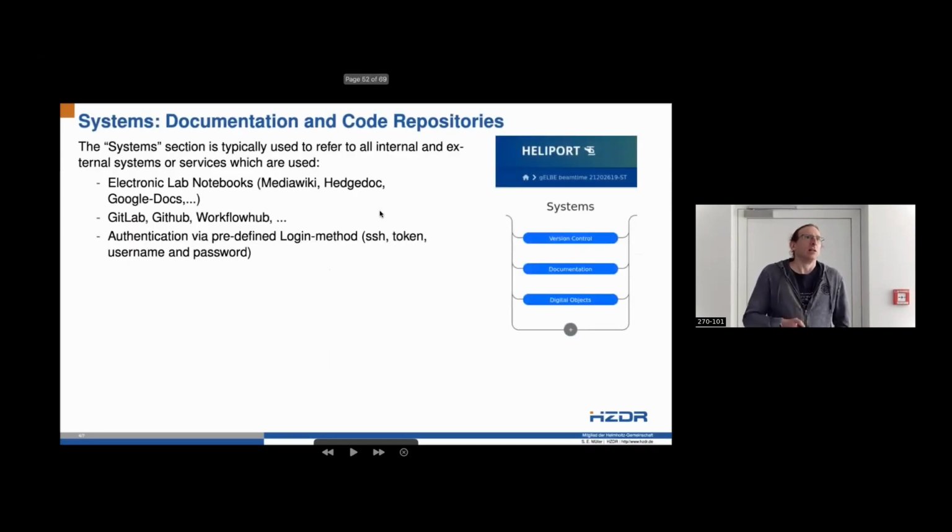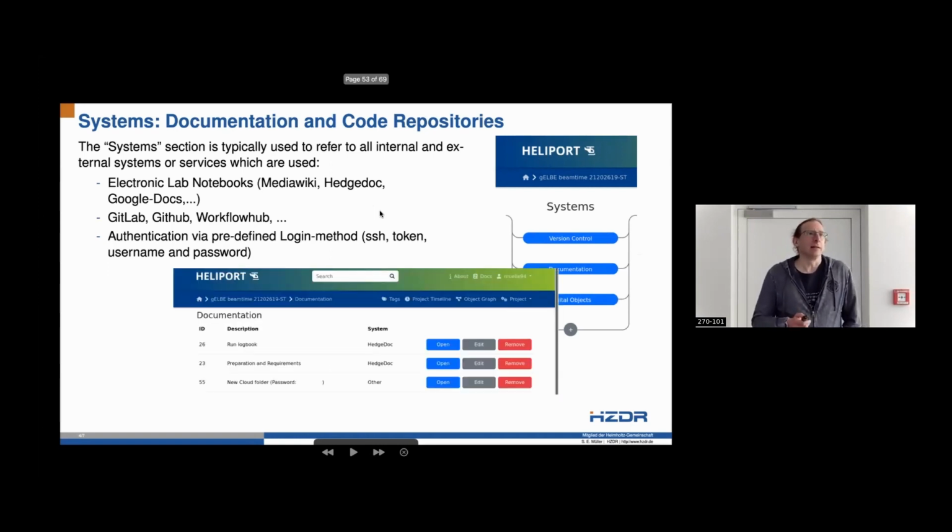For example, what you want to document is, in a way, you want to keep track of where your documentation is, and also the code repositories for computing code that you might want to use. So this is done in this systems category. Essentially, we had two logbooks, one for preparation and one run logbook on Daisy.